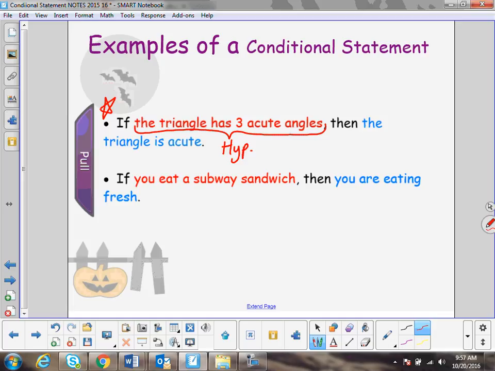So if I give you a statement and I say write down the hypothesis, you've got to be able to know what that is. Don't include the word if. So the blue part, this part right here, is the conclusion. All right, so just know where it's located. Everybody got that first example written down?